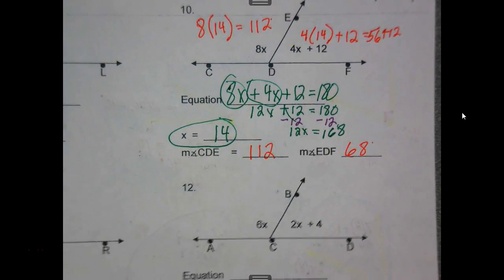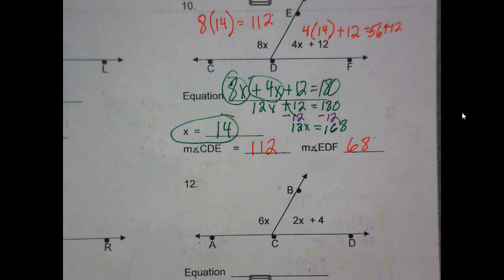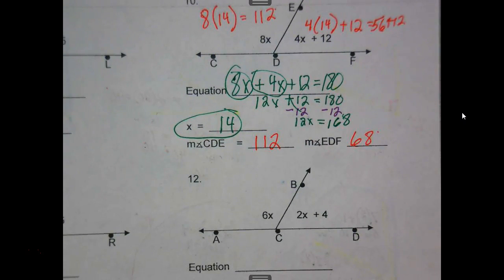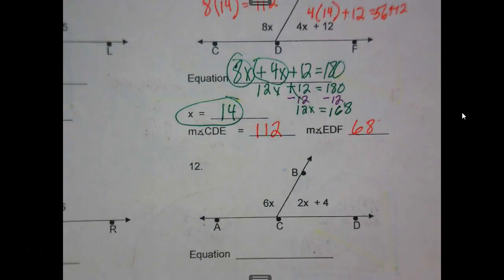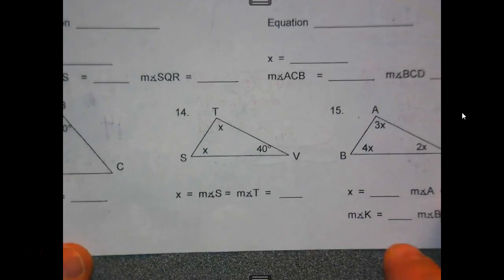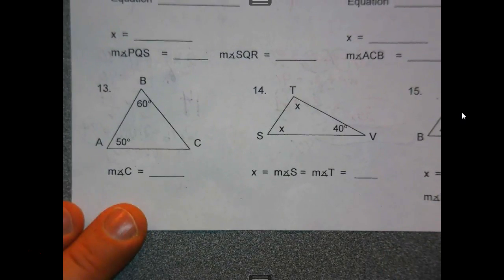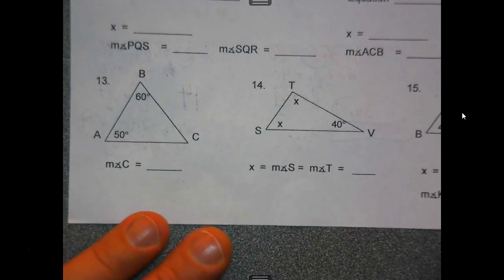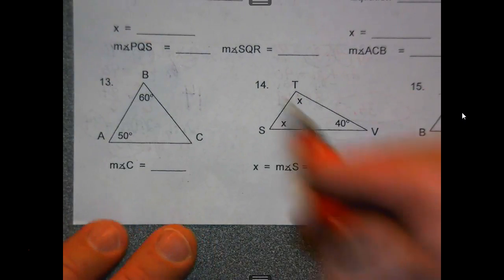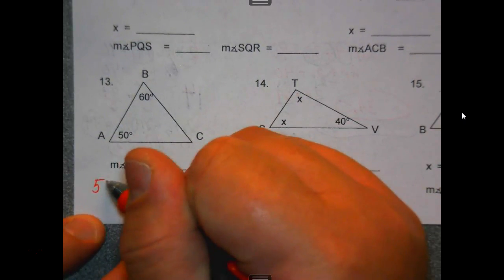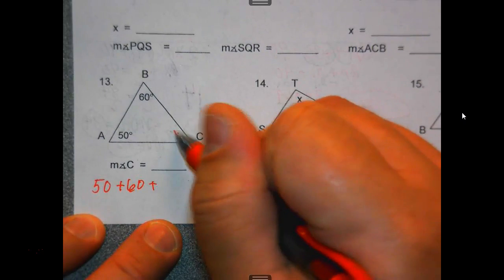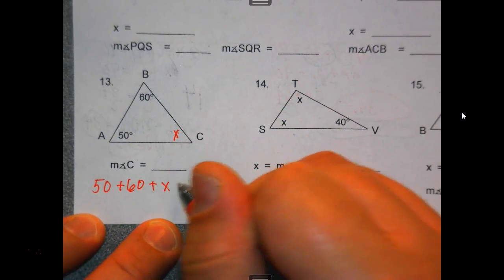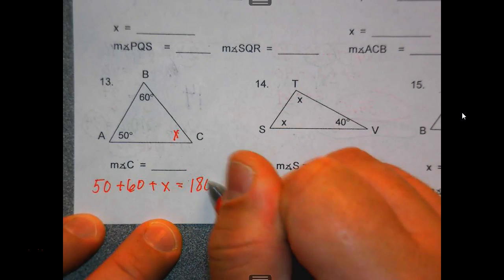And we might as well do triangles so you can do all the problems. Let's do number 13. What do the measures of the angles add up to in a triangle? So 50 plus 60 plus, I'll call it x, equals 180.